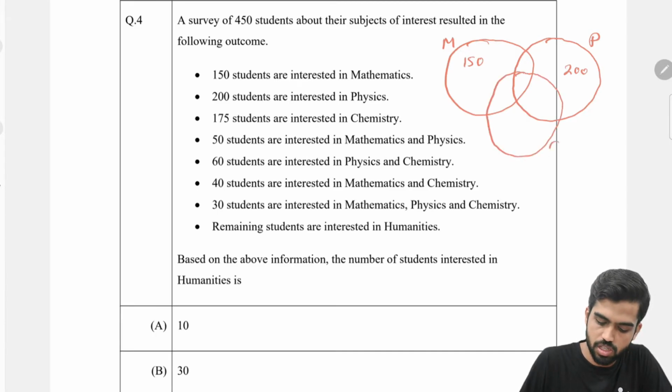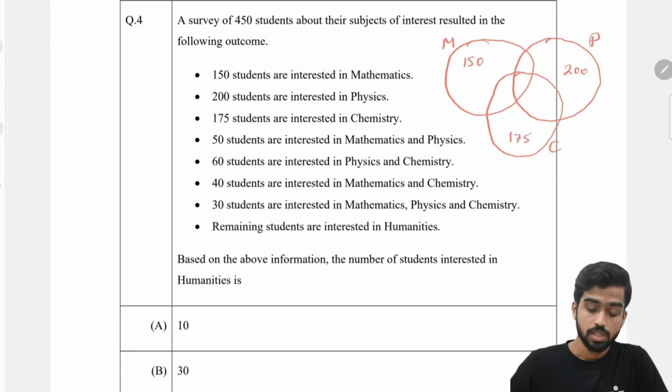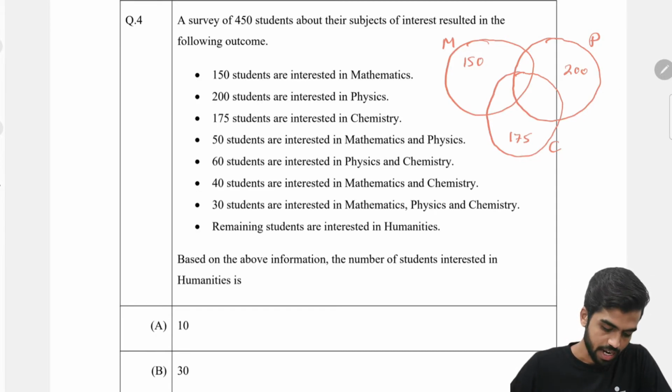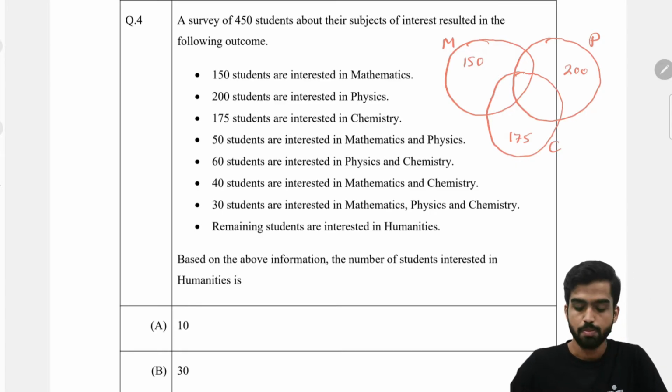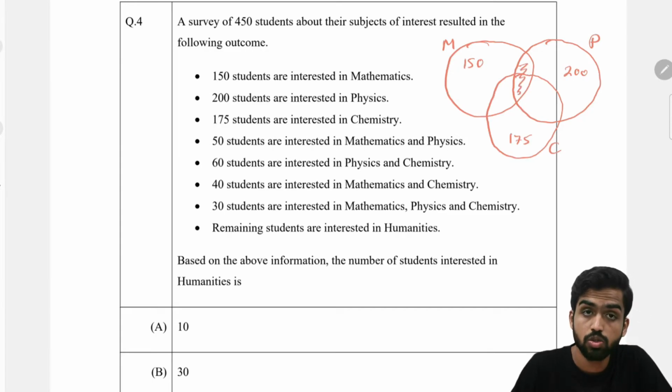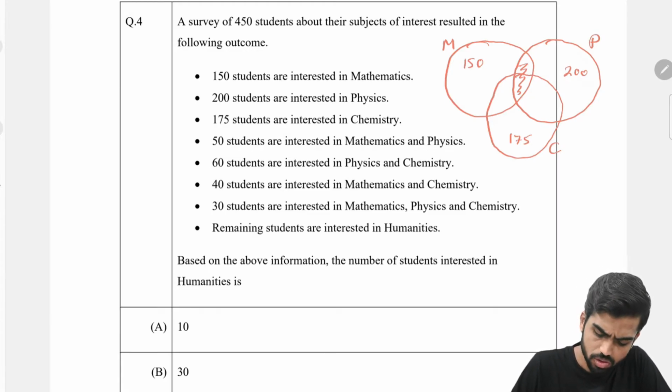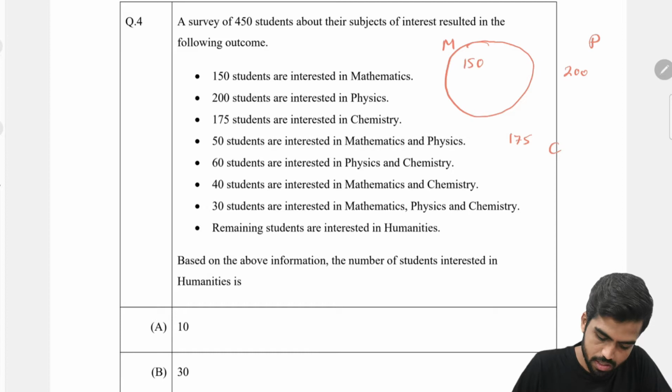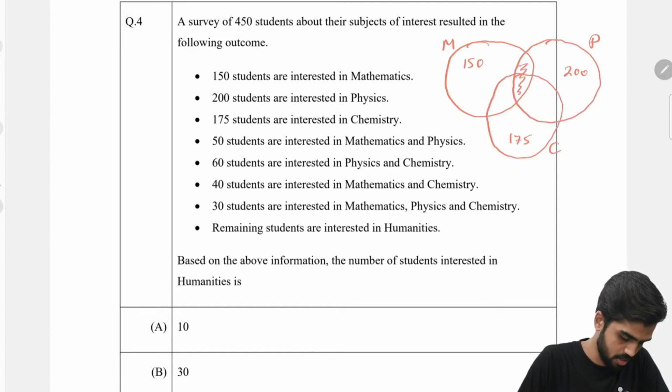These are the students interested in chemistry. These are 175. Now inside this, we can see that 50 students are interested in maths plus physics. So technically this whole area is the students who are interested in physics as well as maths. So this will be 50.